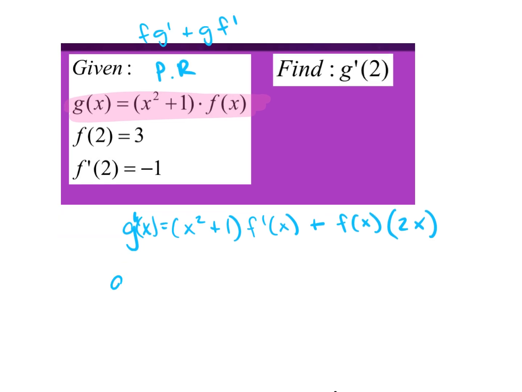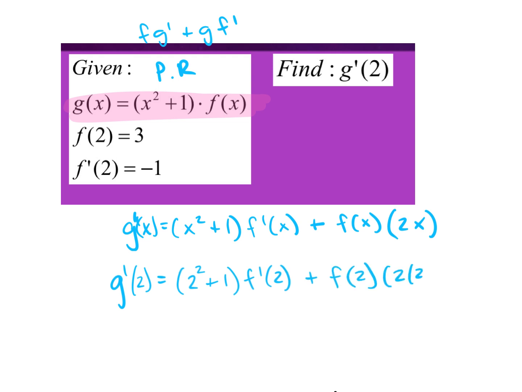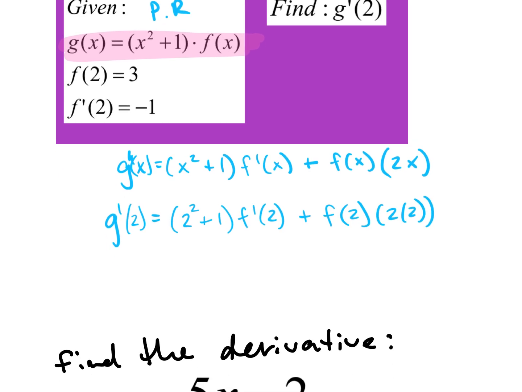Now let's find g prime of 2. So I'm going to plug 2 into all of my x's. So 2 squared plus 1 times f prime of 2, plus f of 2 times 2 times 2. So here we would get 2 squared plus 1 is 5.